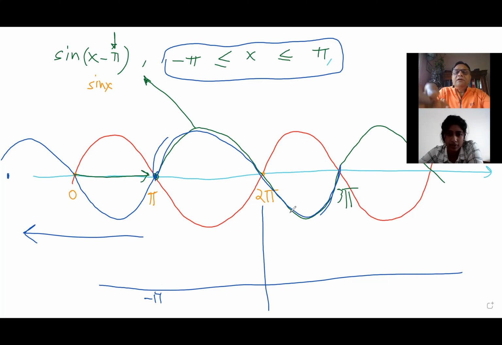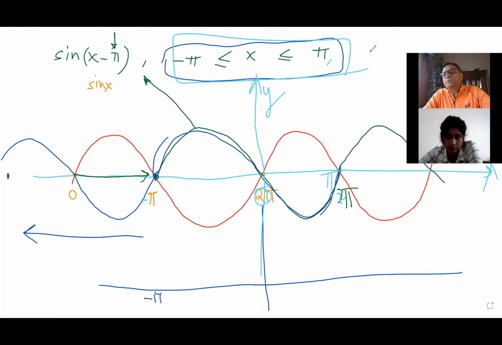So therefore, in the test, I will sketch my y-axis right here, x-axis right there. I will mark this point as minus pi, this as 0, and that as pi. And that is my graph. Did I make sense to you?